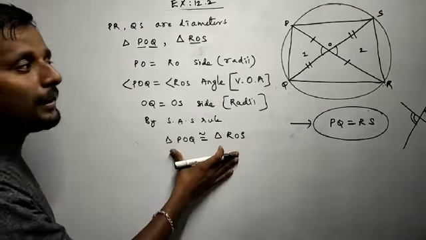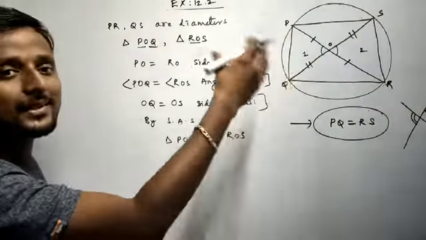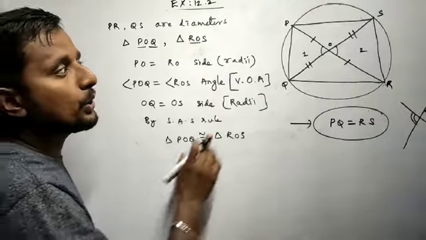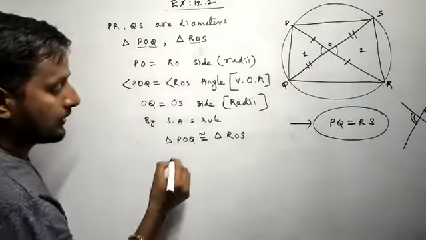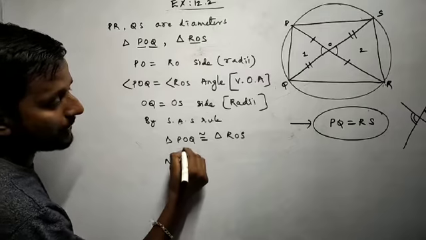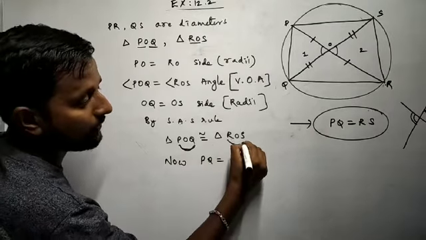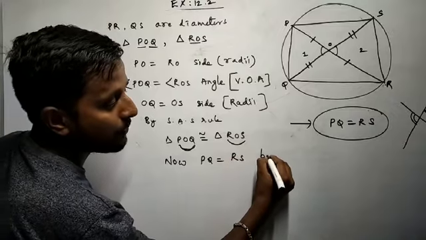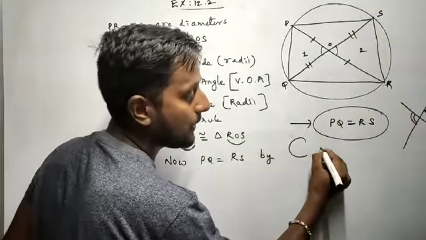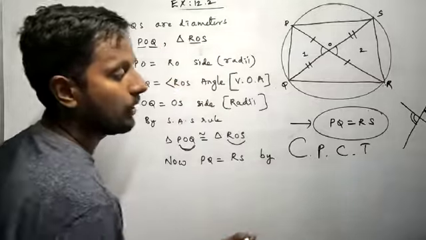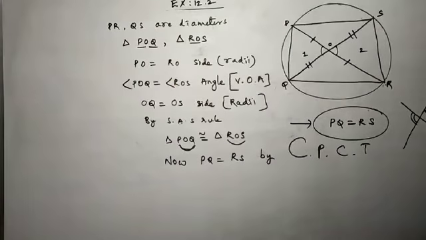That means I decided both triangles are the same in size and shape. Correct? So now the uncompared side, first and last, PQ is equal to the same, first and last, RS. So by what rule? By the CPCT rule, corresponding parts of congruent triangles.